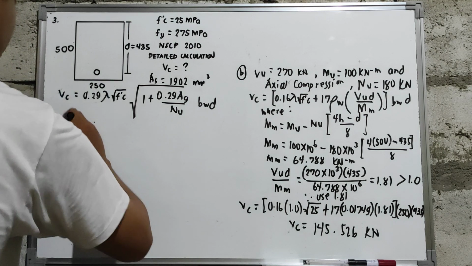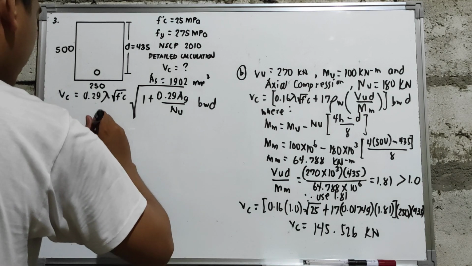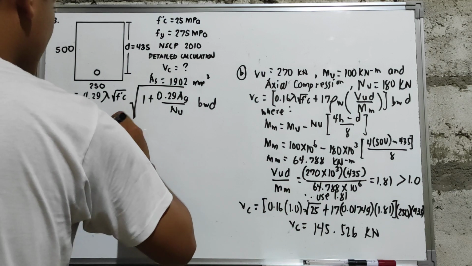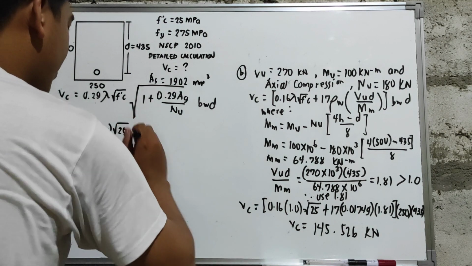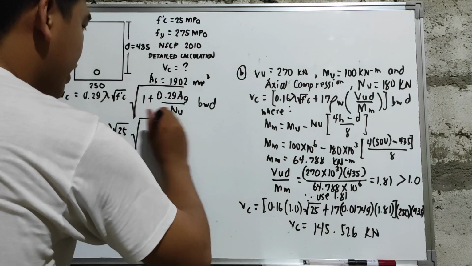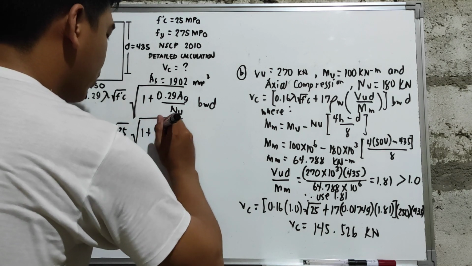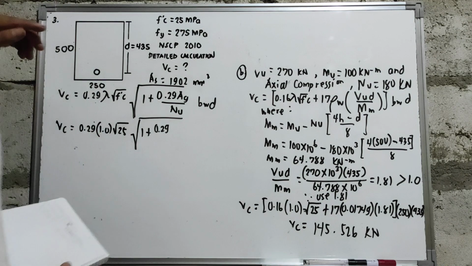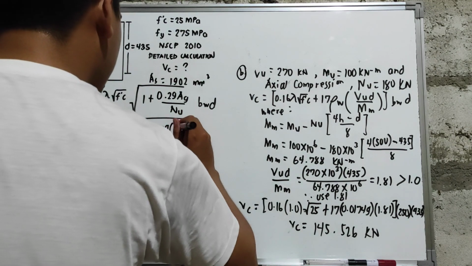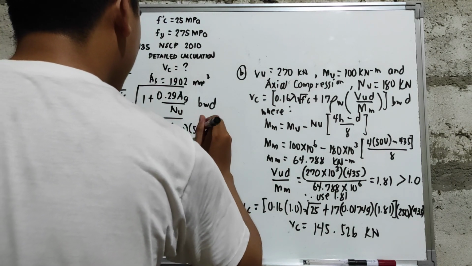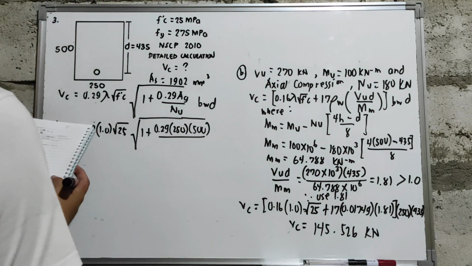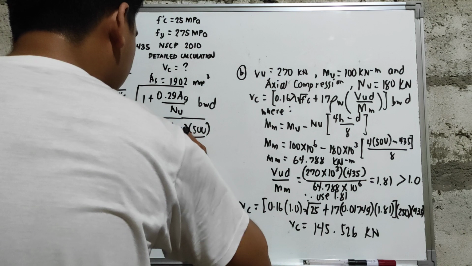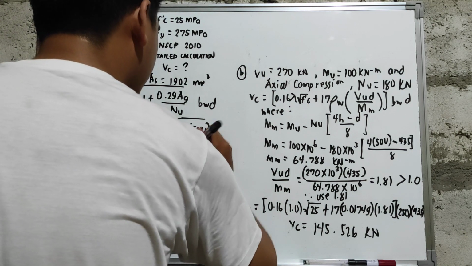So next, yung V sub C natin, we have 0.29. Yung lambda natin, that is 1.0. Yung F prime C natin, that is 25 megapascal multiplied by 1 plus 0.29. Yung area gross natin, that is 250 by 500. Over yung NU natin, since compression yan, kaya positive 180 times 10 raised to 3.